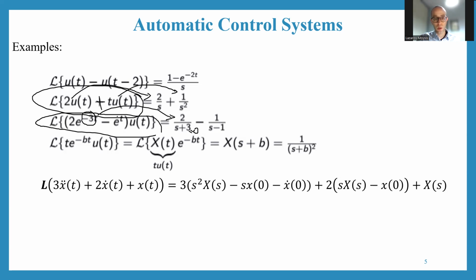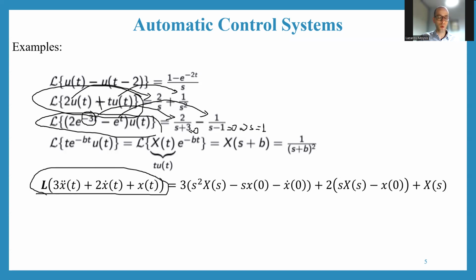Minus e to the t, okay, so this is this term right here, 1 over s minus 1, because if I set this to 0, the solution is going to be s equals 1, right? So this is the exponential term right here. Simple as that.